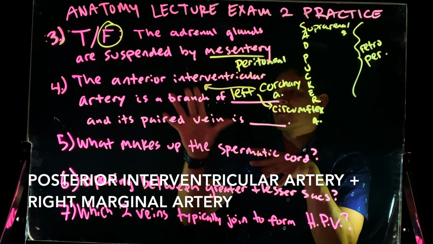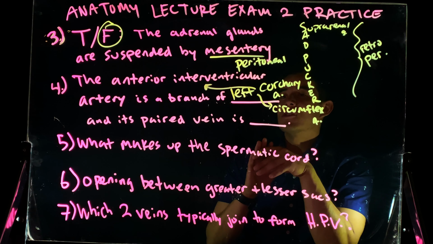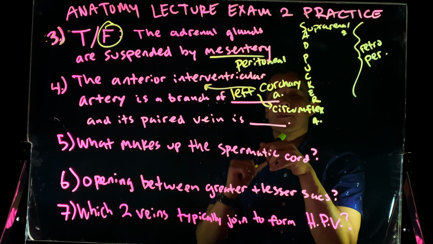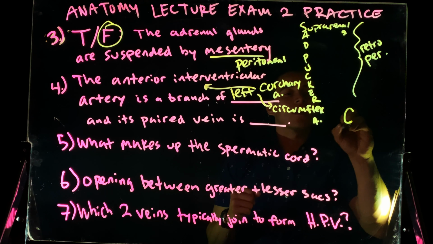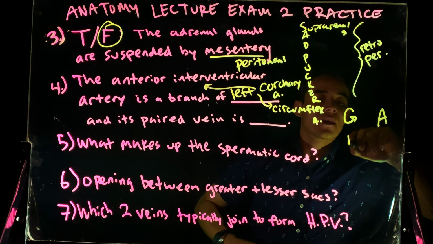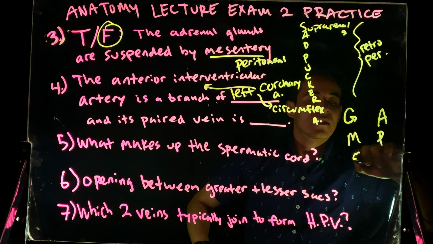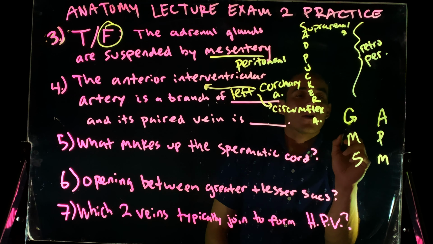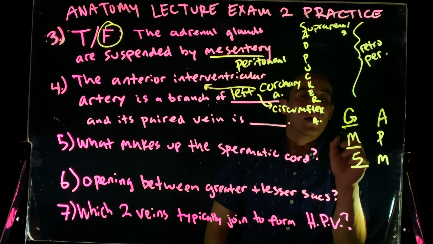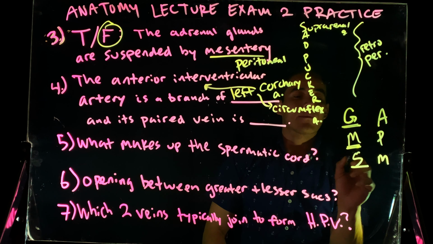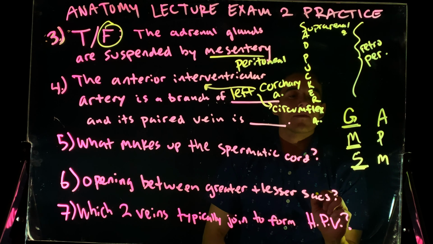Now the paired vein for my anterior interventricular artery, that's going to be the mnemonic we know as Great Anatomists Must Practice So Much. So these are representing the veins. So we have a great cardiac vein, a middle cardiac vein, and a small cardiac vein.